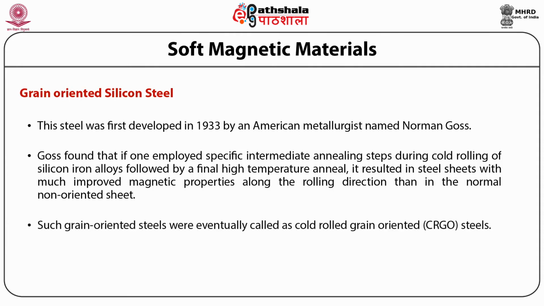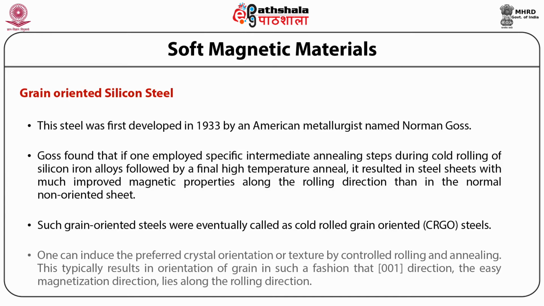Such grain-oriented steels are eventually called cold-rolled grain-oriented steels. One can induce the preferred crystal orientation or texture by controlling the rolling and annealing. This typically results in the orientation of the grain such that the easy magnetization direction lies along the rolling direction.